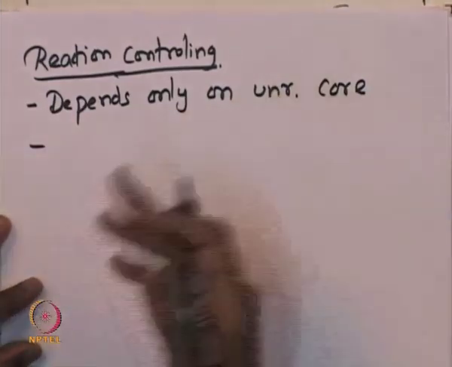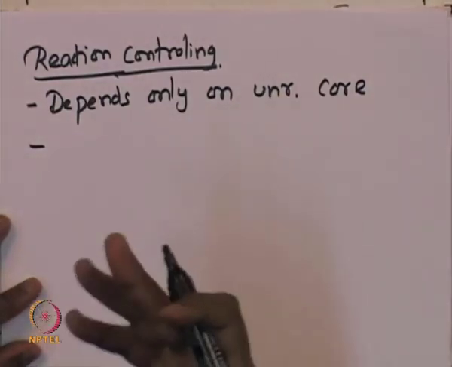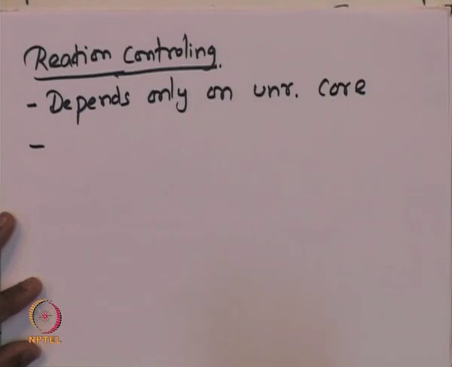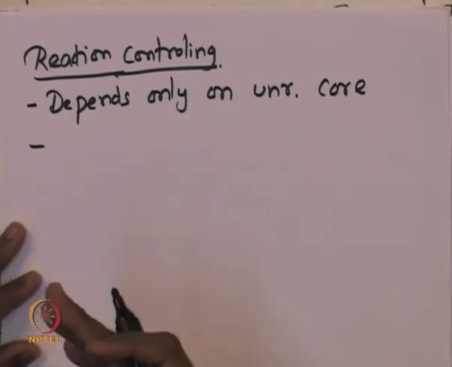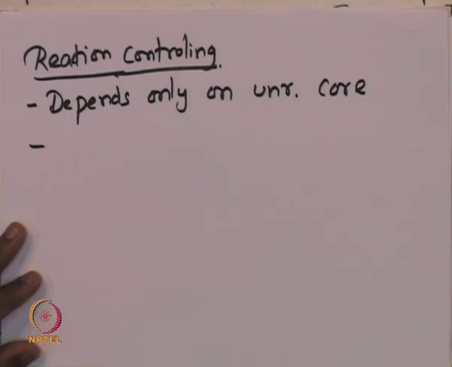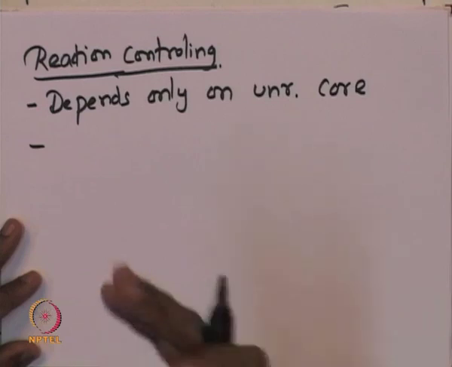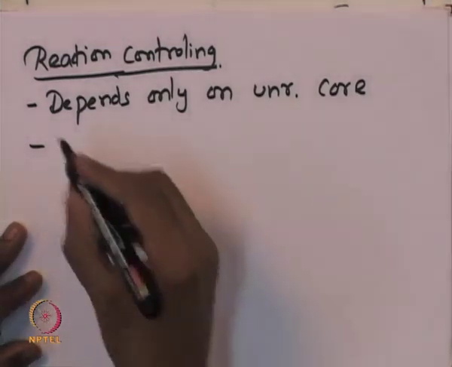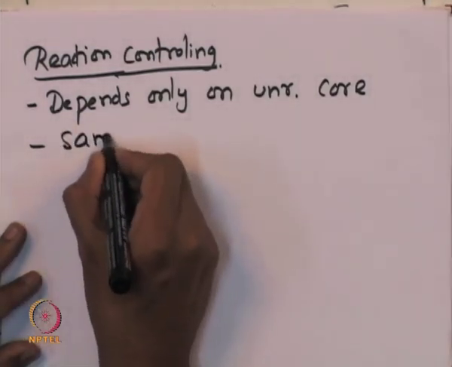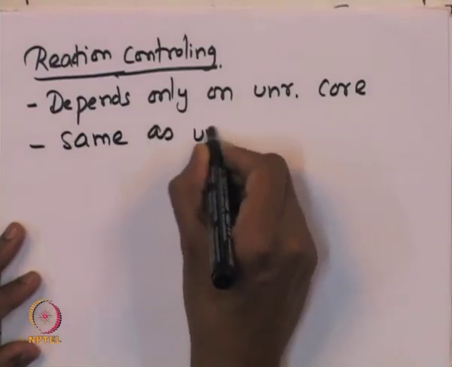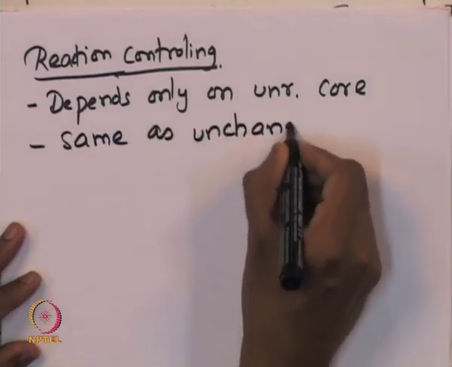So, it depends only on the unreacted core. And it is same as the system where the reaction is controlling the overall conversion in the case of the particles where the size of the particle was not changing. That is the previous mode that we had looked at. So, it is same as unchanging size.